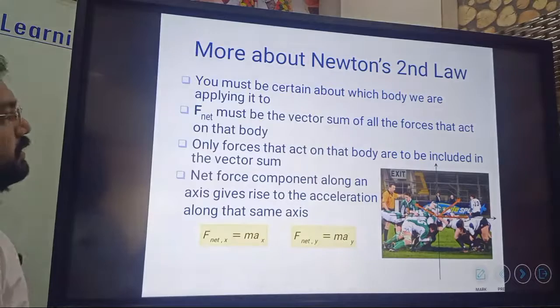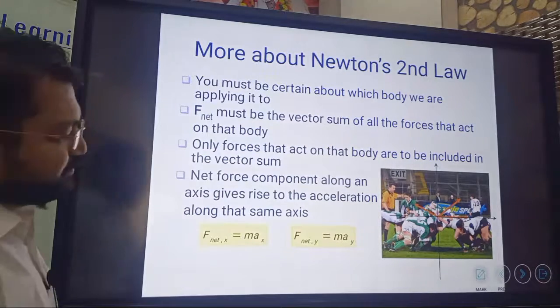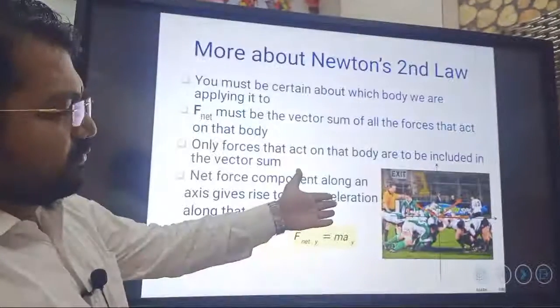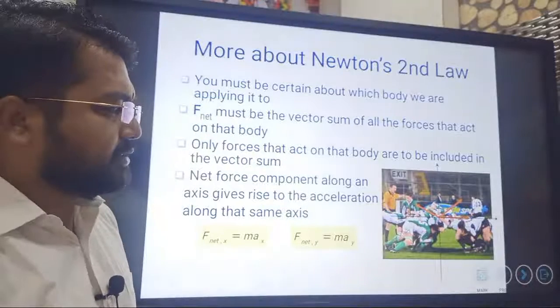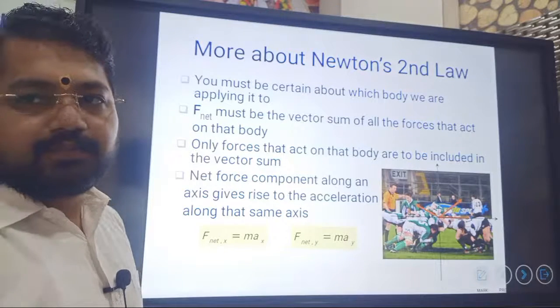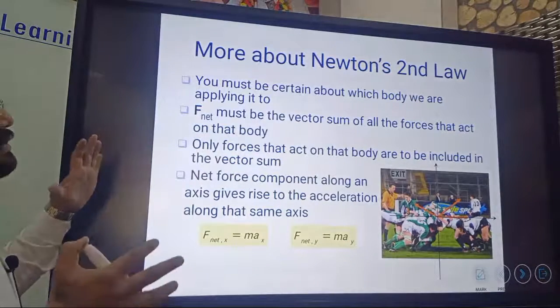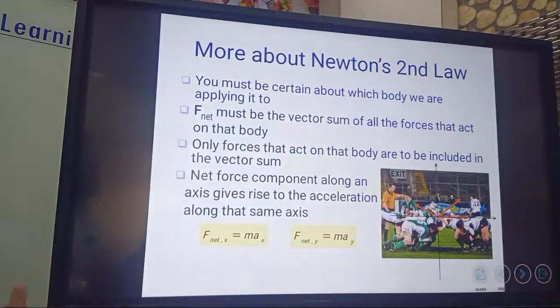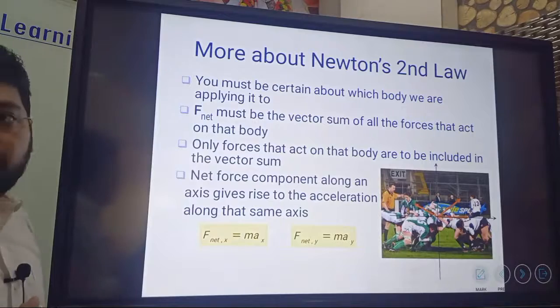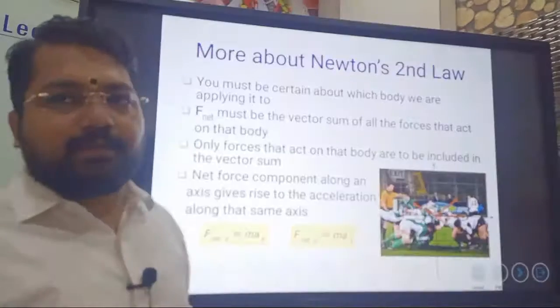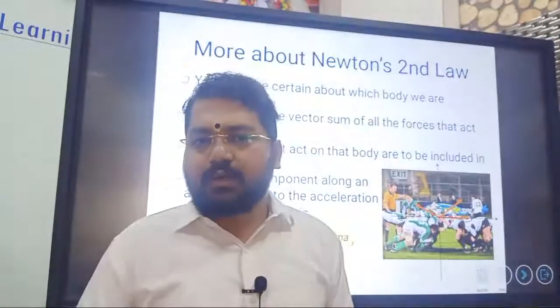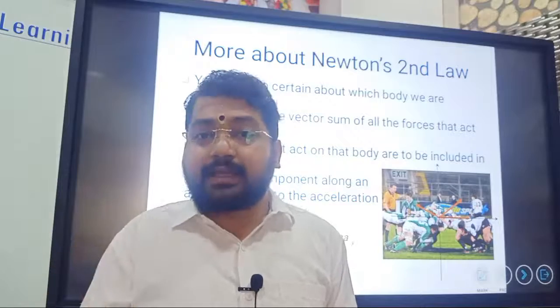More about the second law. You might be aware of this. In this, you must be certain about which body we are applying it to. Means, I just gave two examples, a cycle and a truck. So we must be aware of which body we have to give the force to.